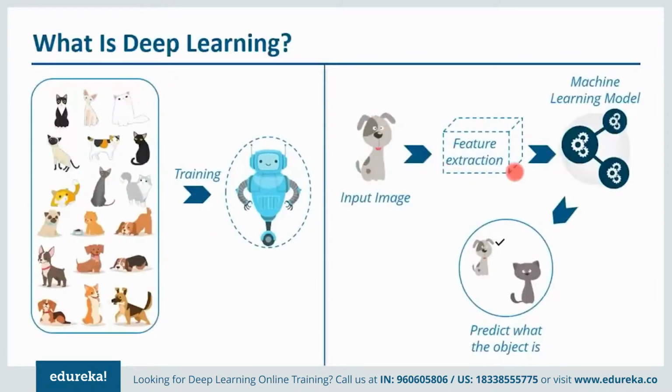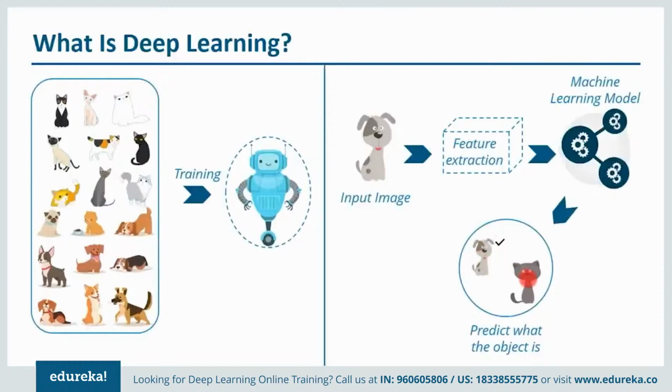Then we'll manually extract certain features. Features like nose, whiskers, colors, edges, it can be anything. The important features which actually help us in classifying whether the input image is a cat or a dog. Then we make a machine learning model with that.